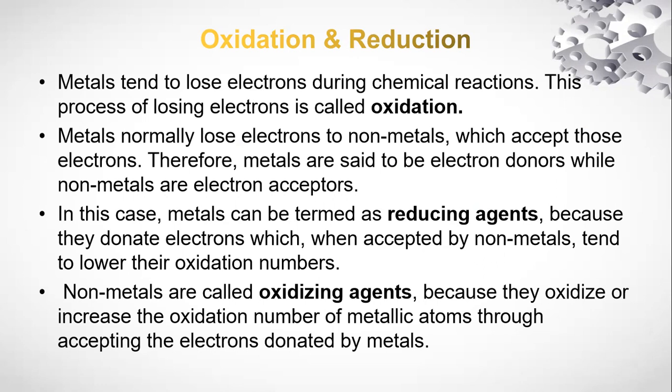This way we can differentiate between metals and non-metals. Non-metals are called oxidizing agents because they oxidize, or increase the oxidation number of, the metallic atoms through accepting the electrons donated by the metals.